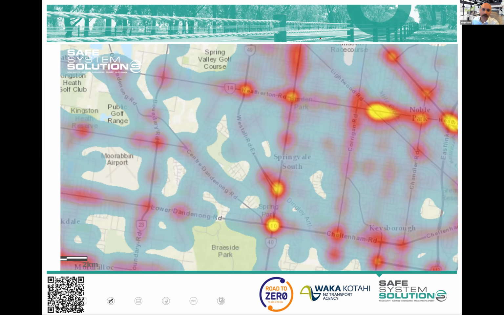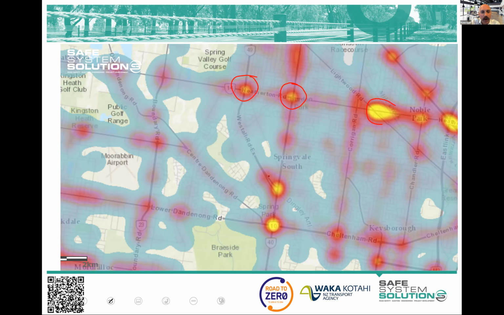And this was for a 5-year period in outer suburban Melbourne, but I could have just the same taken an outer suburban Auckland or Christchurch or Hamilton, or anywhere where there's reasonably large arterial roads with a bit of speed up, and they cross each other, we see a signalized intersection.